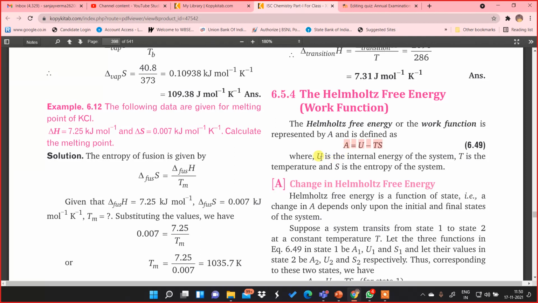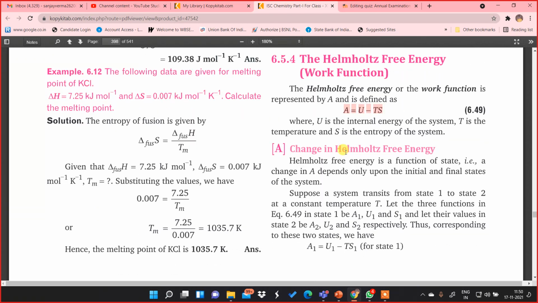Now this work function is the free energy. Helmholtz free energy is a function of state. That is, a change in A depends upon the initial and final states of the system.